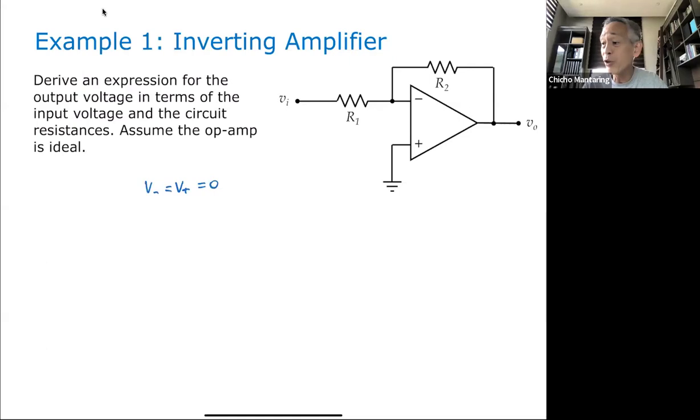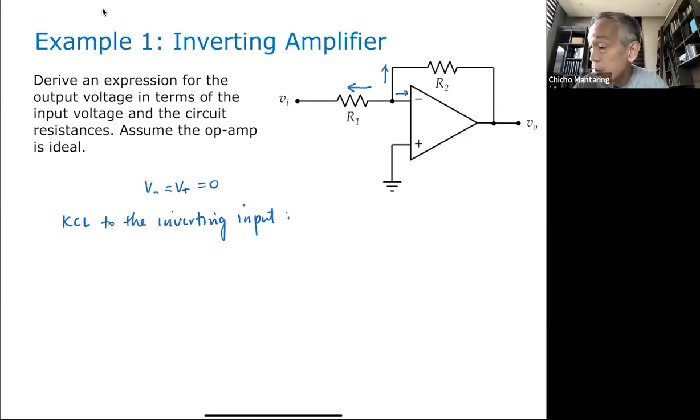Where will I apply nodal analysis? Where will I apply KCL? I apply KCL, in this case, to the inverting input. Okay. So what are my current components here? This is one current. This is another current, and this is another current.